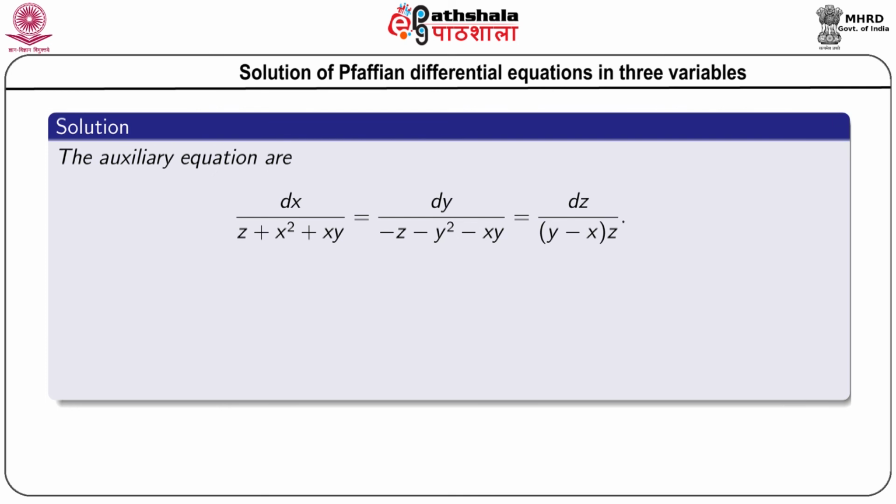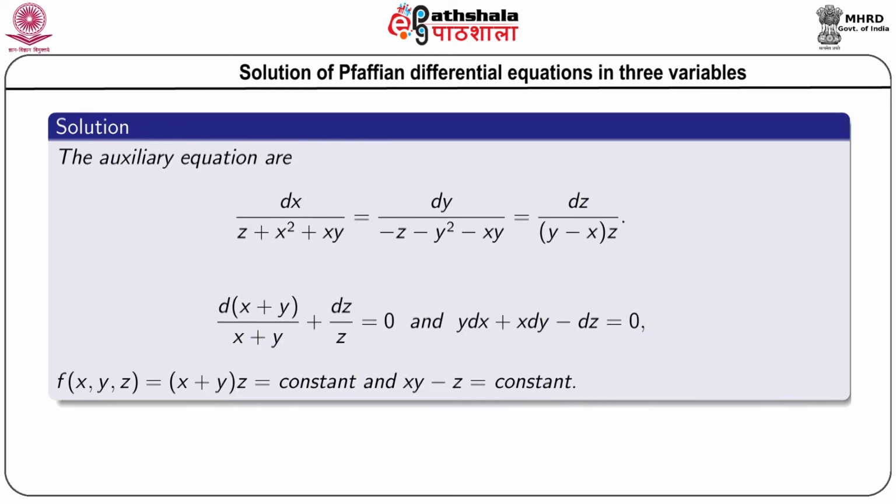Now, the auxiliary equation becomes this. This is a simultaneous equation and we have already read how to find the solution of a simultaneous equation in an earlier module. So, in this equation we can solve taking these three equations in this way.